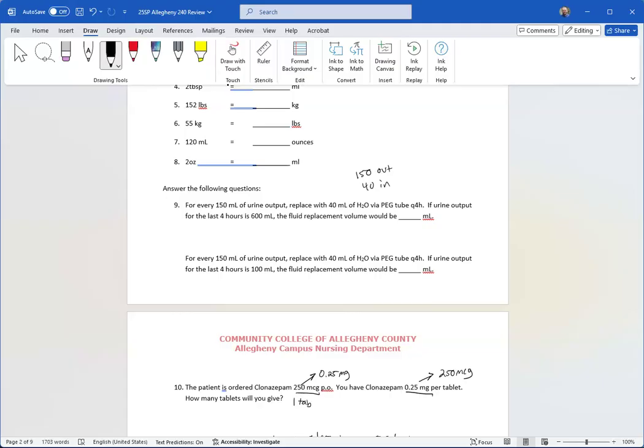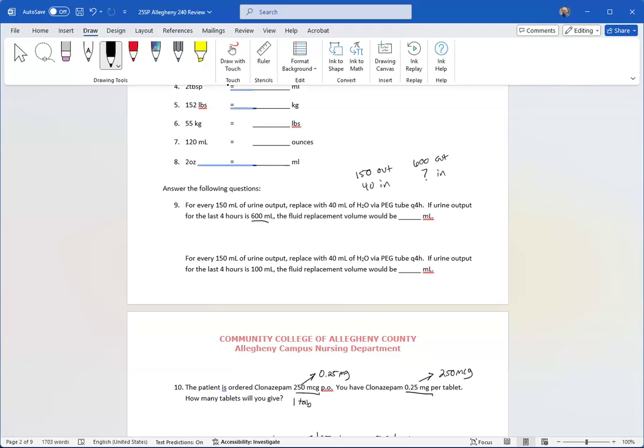Then it says the actual output is 600 milliliters. So what did they actually void out? It's 600, and we want to know how much to put back in. I'm just brainstorming and writing out some numbers.